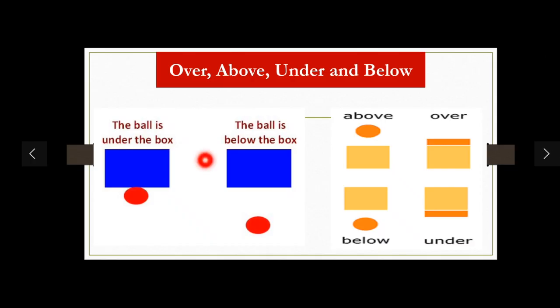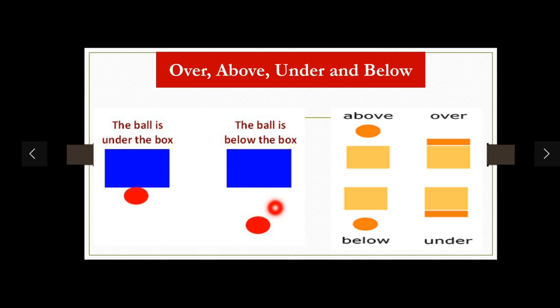Here we have some more illustration of over, above, under and below. The first example, the ball is under the box. You can see there is no space between the box and the ball. So we use under when something is at a lower position than something else and there is no space. The ball is below the box.